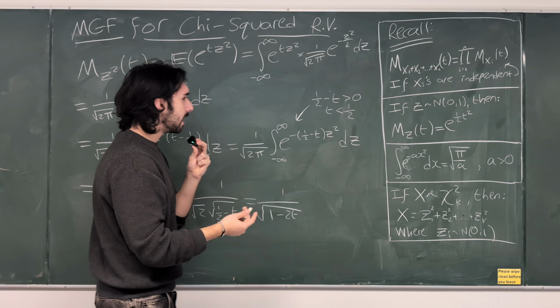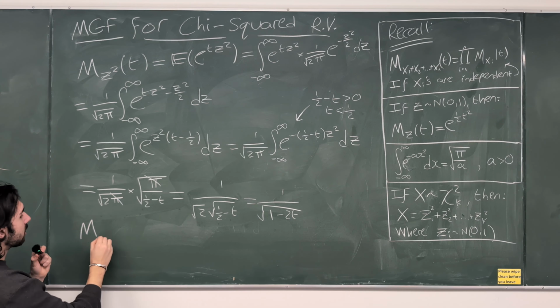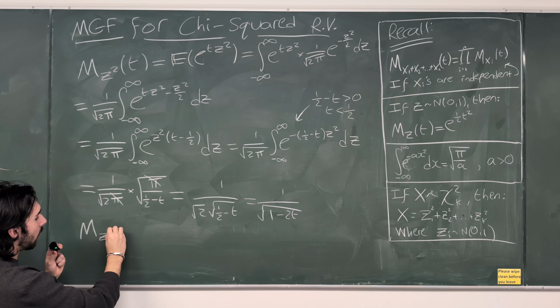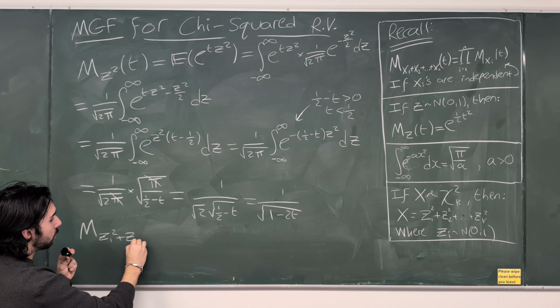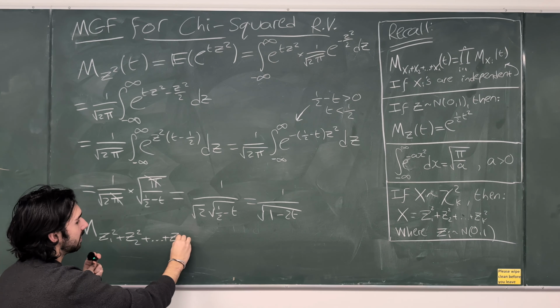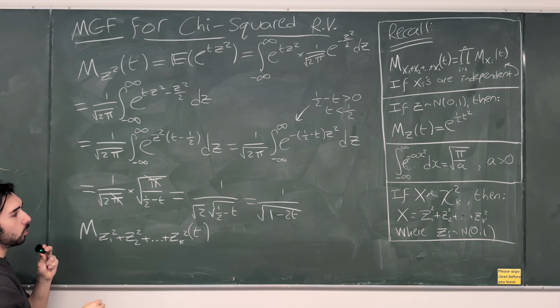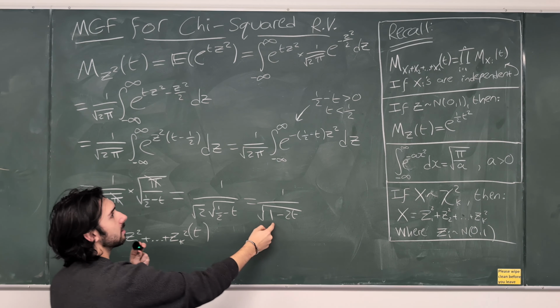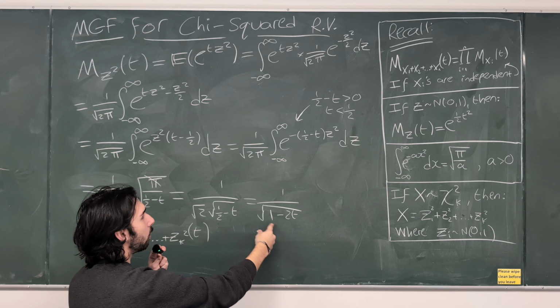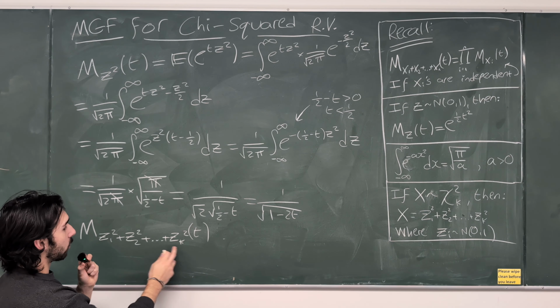Okay. So really, if I want the moment generating function of the sum of the z, so I'll call it z1 squared plus z2 squared, all the way up to, let's say there are k of them, zk squared, as a function of t, then all I'm going to do is take this and multiply it by itself over and over and over again. I'm going to have a total of k of them here because I've got up to k.